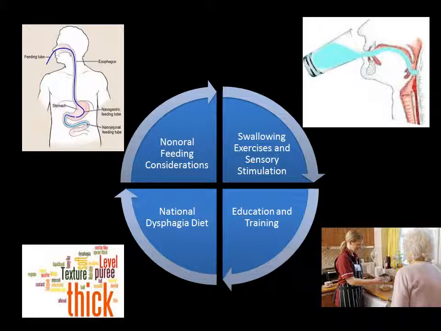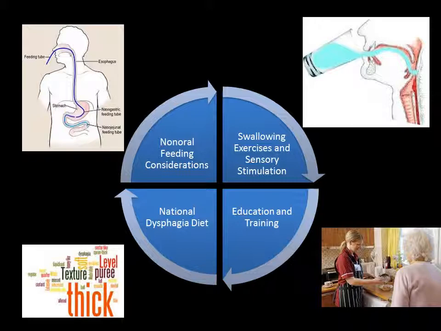So there's a lot of different things you can do to help with the swallow. Education and training is critical, not only for the patient, but for the family, to show them how to make their liquids if they're making them thicker, to change the textures. If they're doing certain exercises, teach them how to do them, the importance of nutrition, and show the signs of dehydration if they're not getting enough liquids, if they may need an IV, or even some patients need feeding tubes, which can be very controversial for some families.